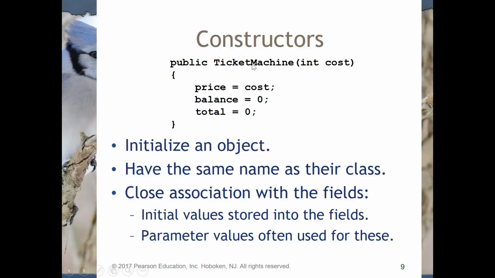In this case, they're saying when Ticket Machine gets created with a single int value, it will automatically do this with the building of the constructor when it creates it as an object. Remember, class is the code, object is what exists in memory, and when you have multiple objects of the same thing, those are all instances.